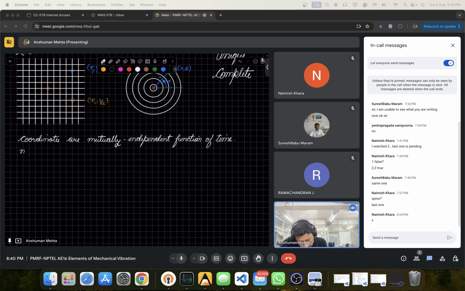And also more than one coordinate system can be used to describe any given motion.